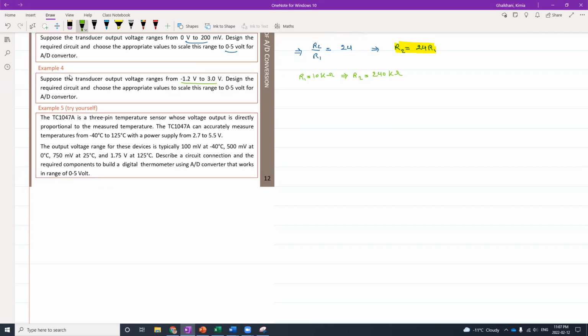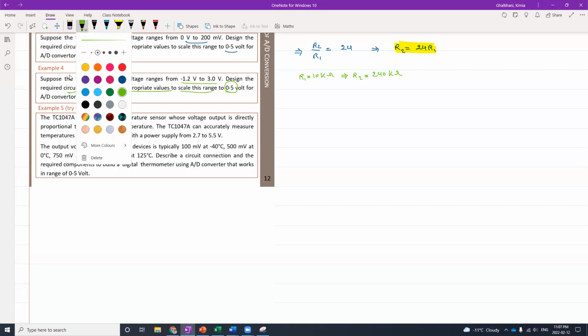Then you are asked to design the required circuit and choose the appropriate value to scale this range to again 0 to 5 volt for the analog to digital converter. So this is somehow similar. This is going to be example 4.